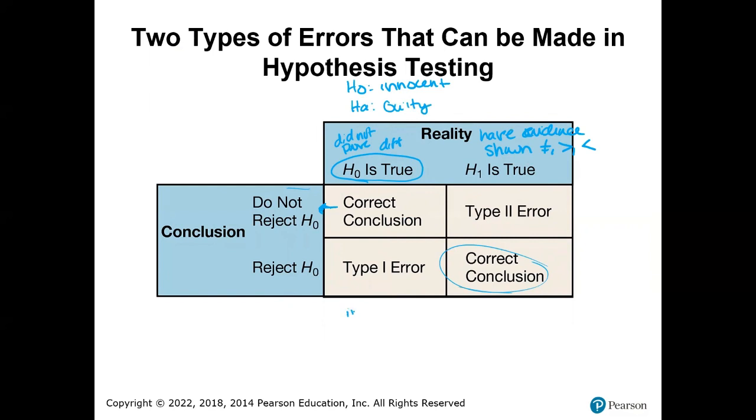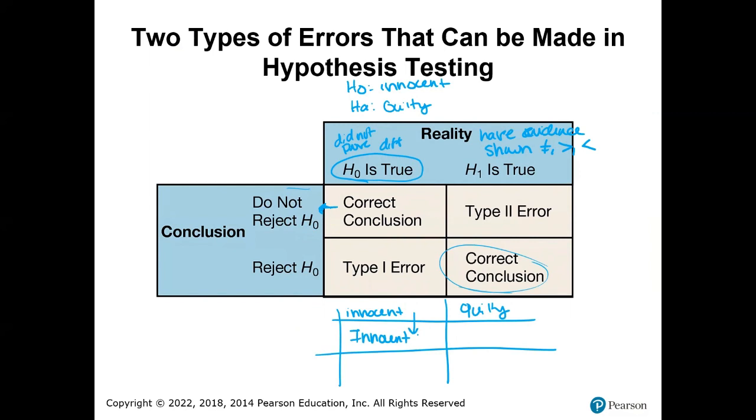Let's think about it here. So innocent person versus guilty person. If you are innocent, the correct conclusion is to not reject the fact that they are innocent. That they are correctly innocent.